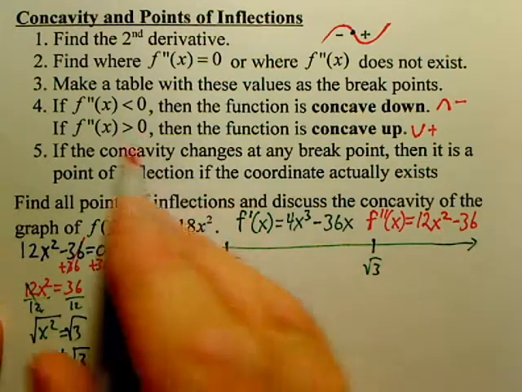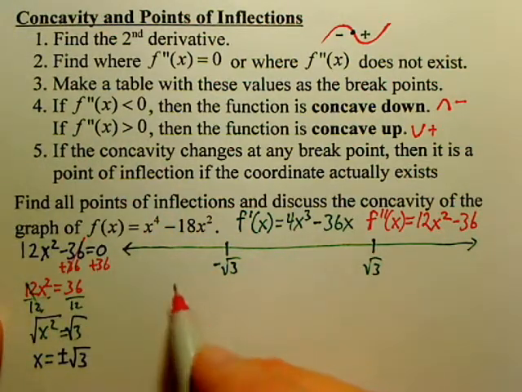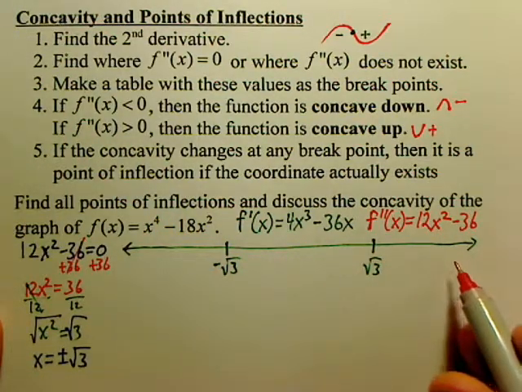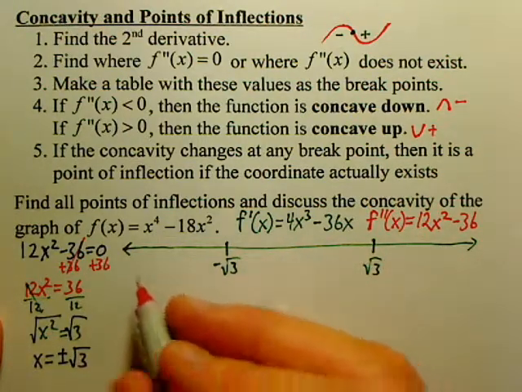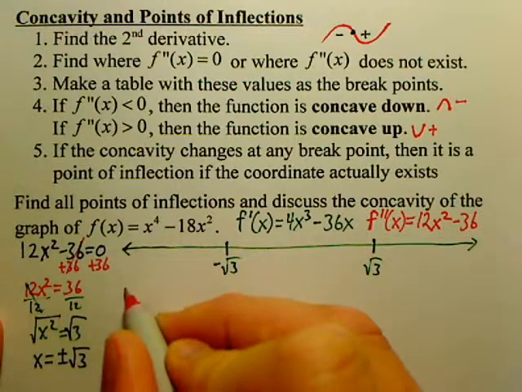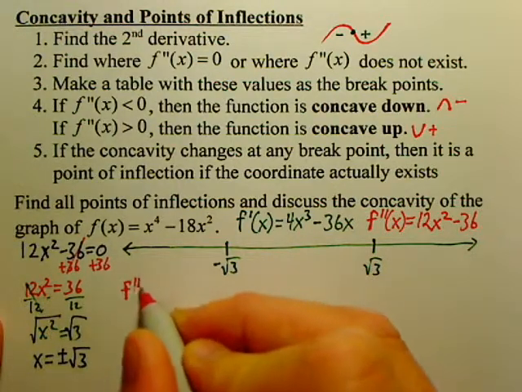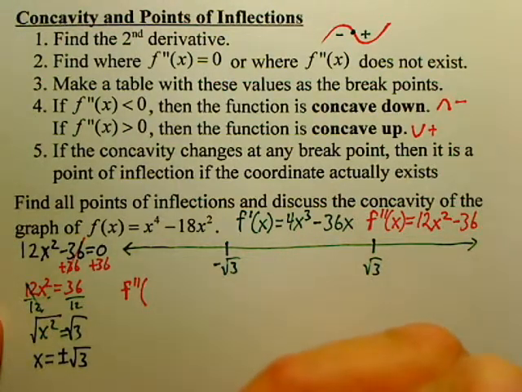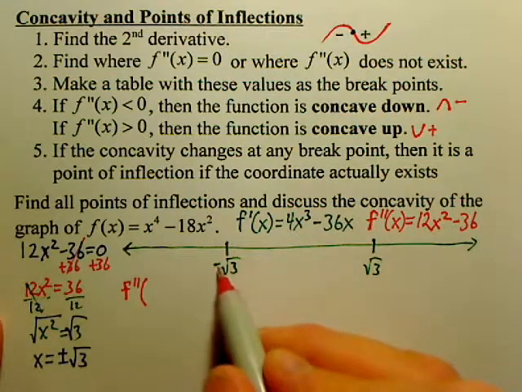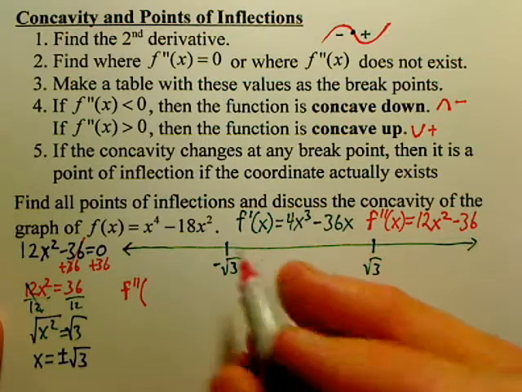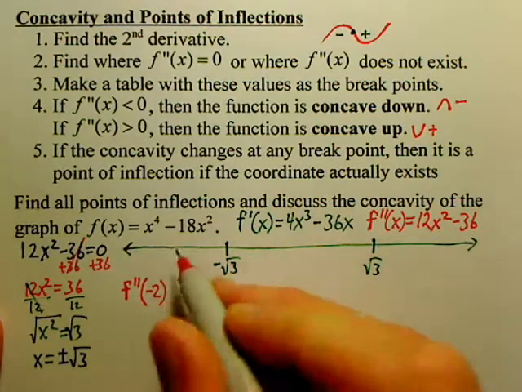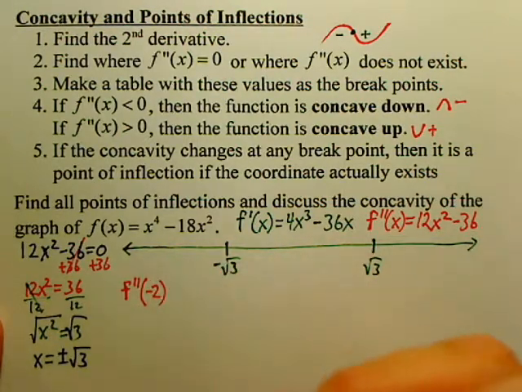All right, so what I'm going to do is plug a value in from each interval into the second derivative to see if it's positive or negative. So here we go. I'm going to plug a value into the second derivative, and I need a value on this side of negative square root of 3. Negative 2 would be an easy number, just some number on this interval.